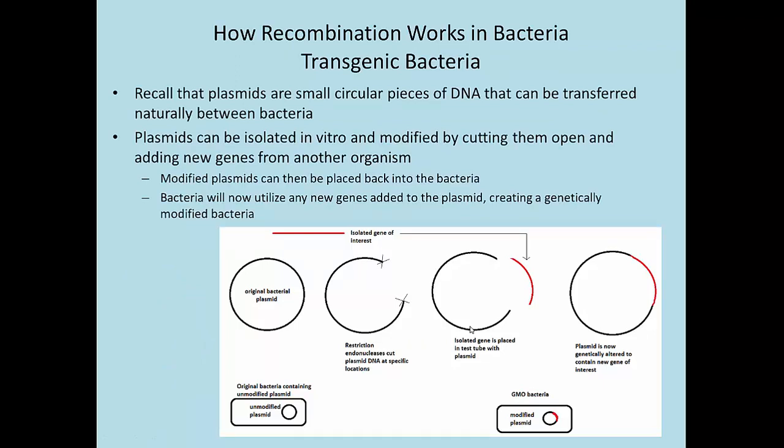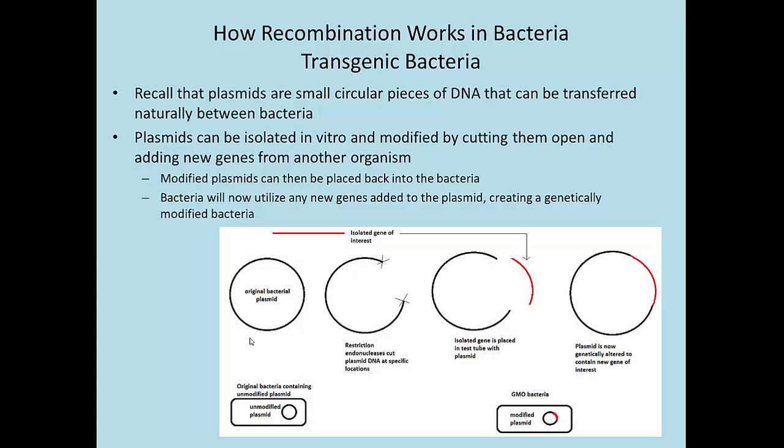So the way it works with microbes, and this is specific to bacteria, there'd be subtle differences when it comes to things like fungi, for example. But when it comes to bacteria, the way you create a genetically modified bacteria is by actually manipulating the way Mother Nature works naturally.